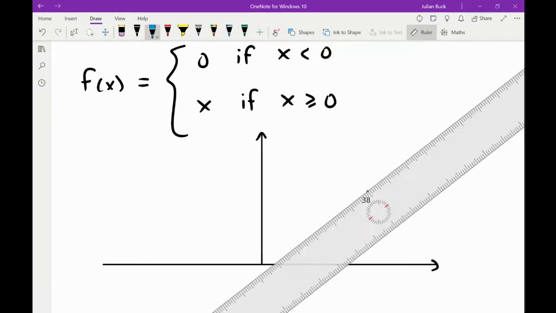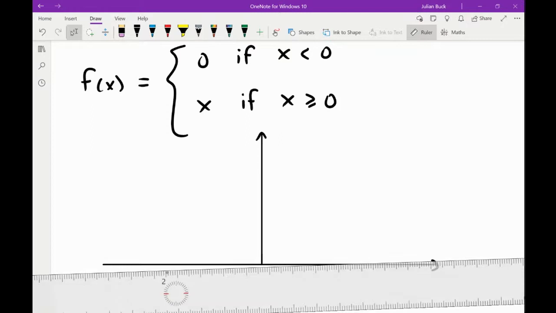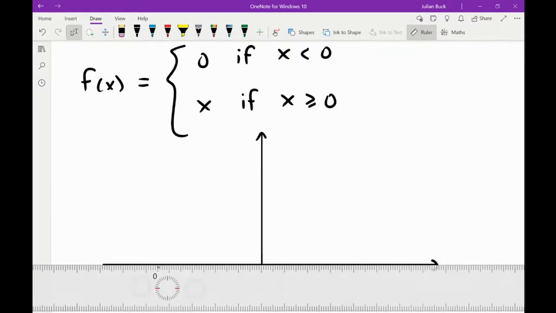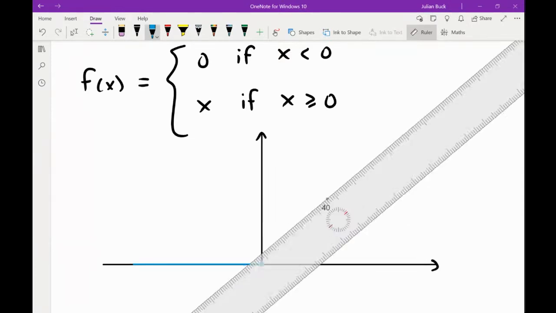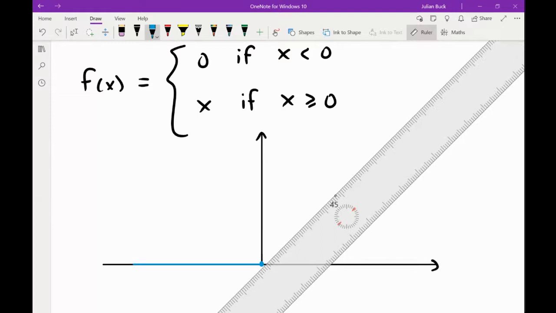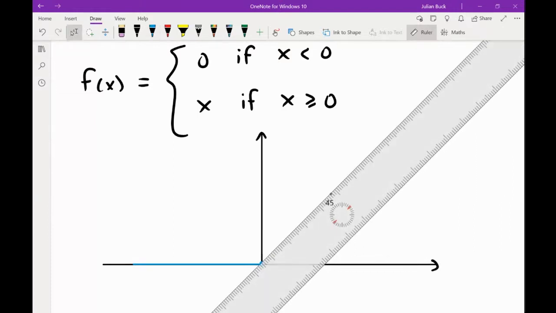If x is less than 0, it's 0. Then if x is equal to 0, it's also 0. And then if x is positive, the y value is x. It's the 45-degree line again, y equals x.